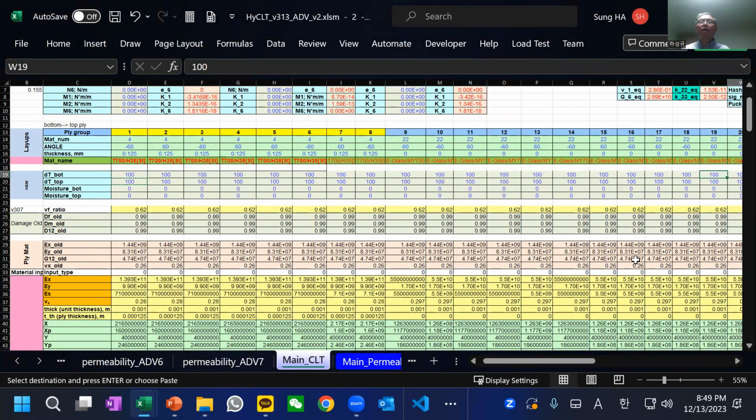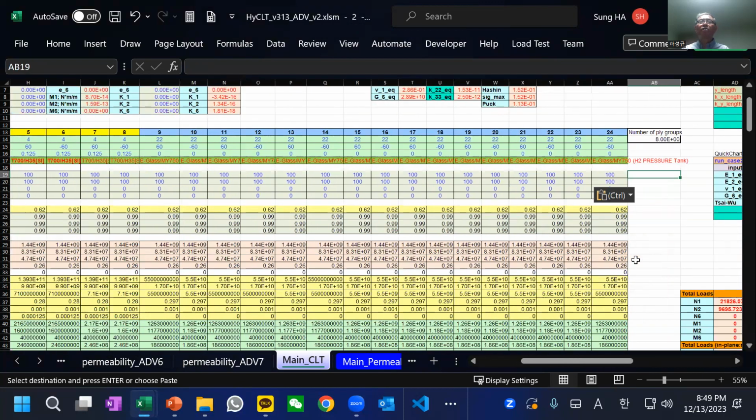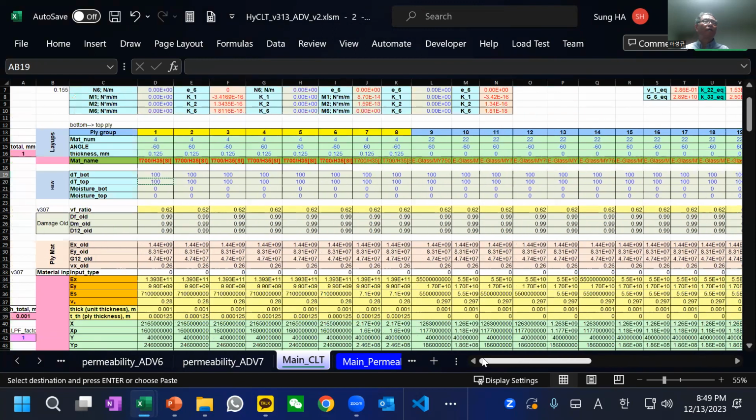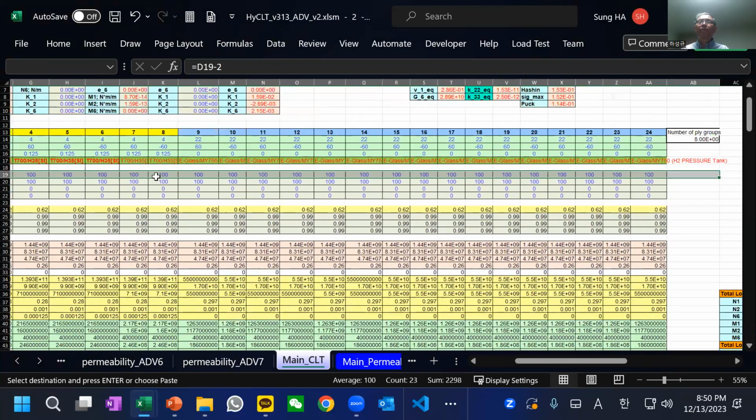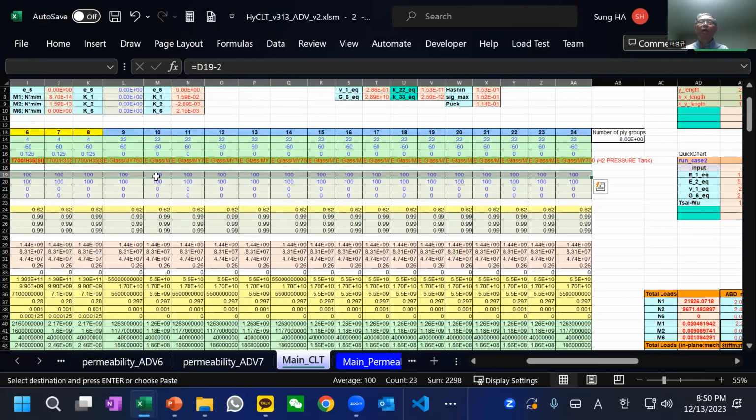Let me just arbitrarily assign the temperatures. We have 24 plies, and let's say, this is just an arbitrary number, we just decrease by 2 degrees for each ply.